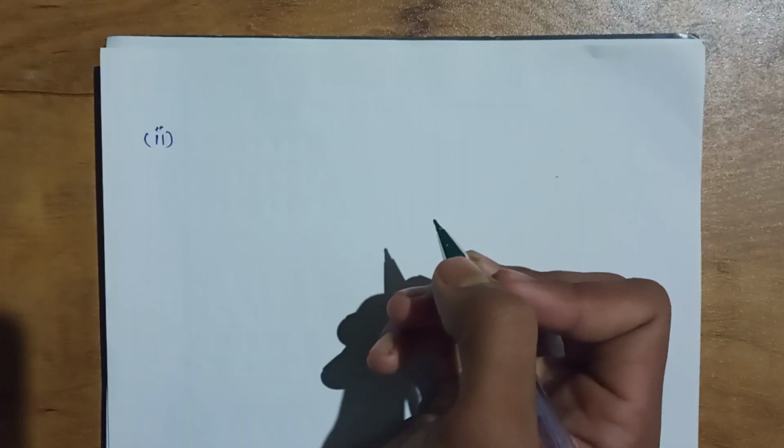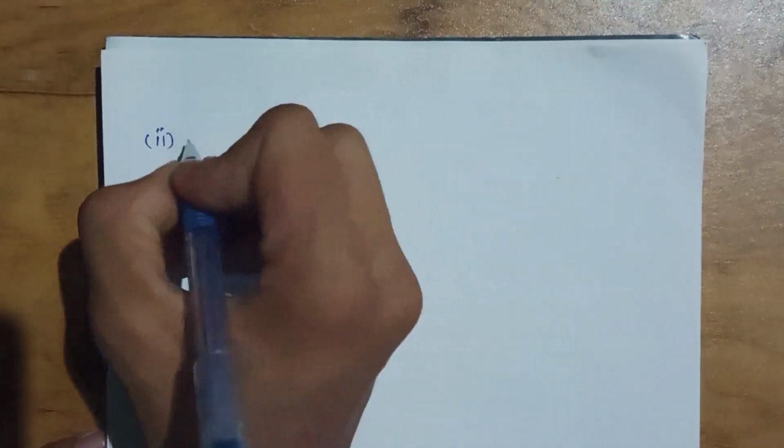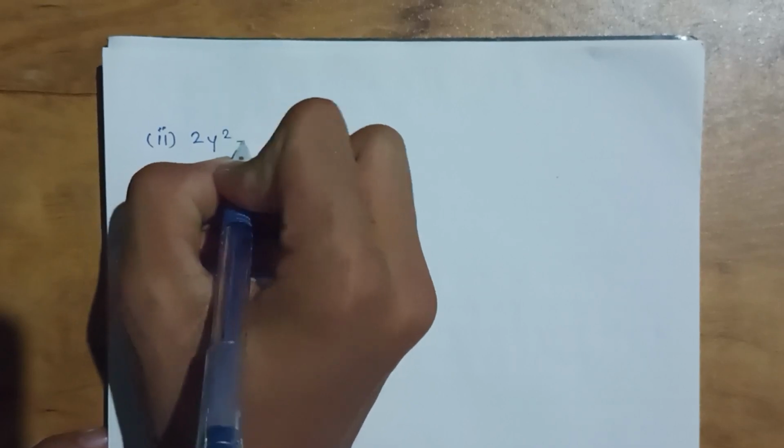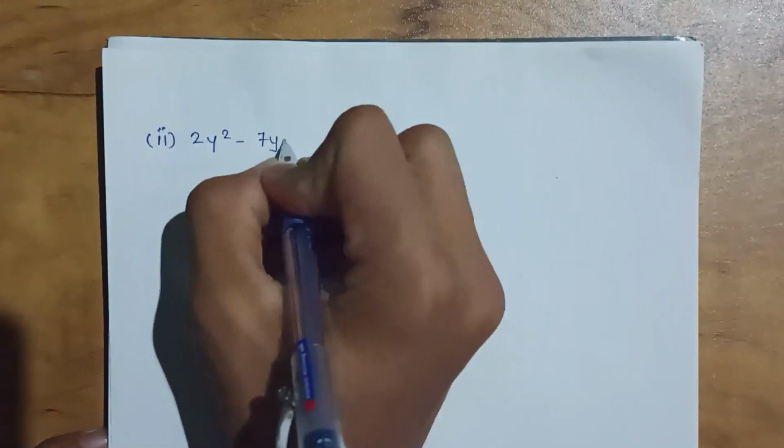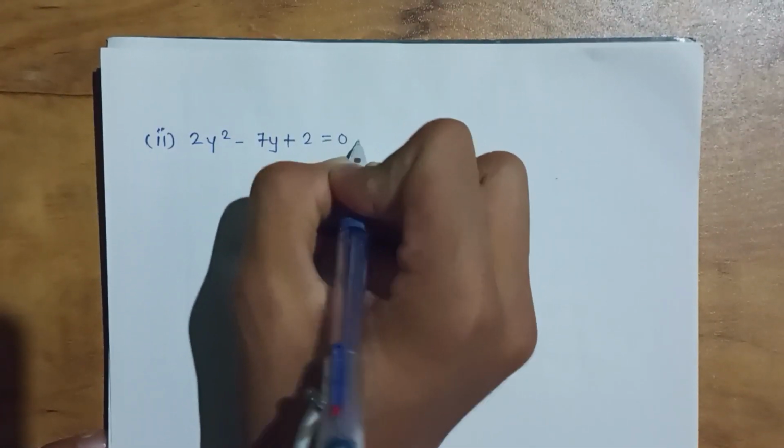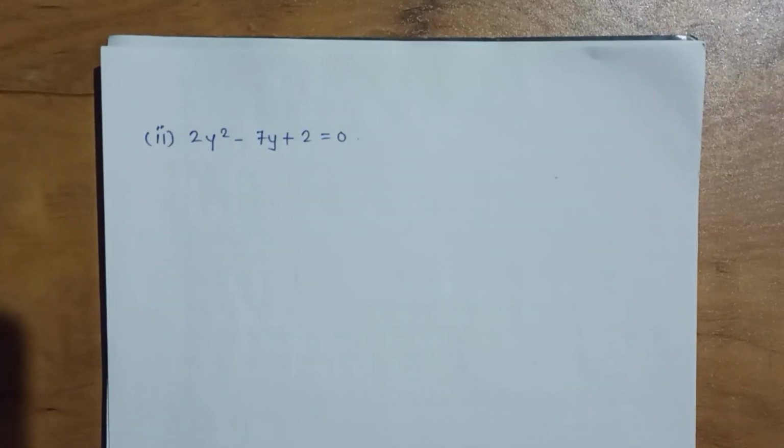Now we will see the second sum. The second sum is 2y square minus 7y plus 2 equals 0. First of all, what is the first step?